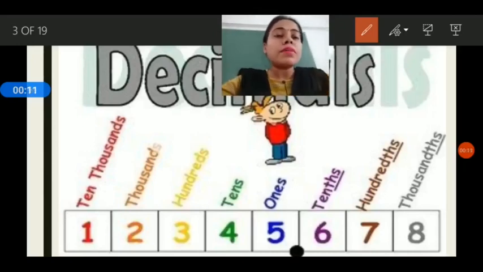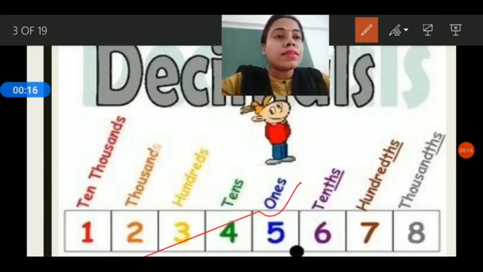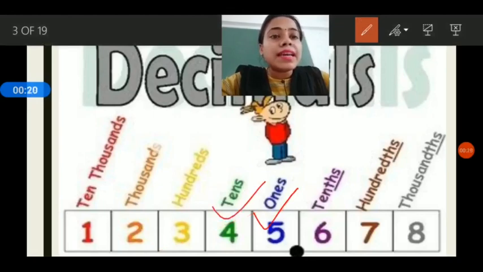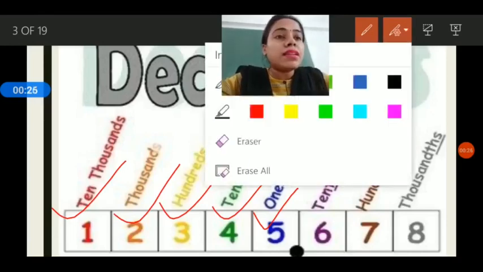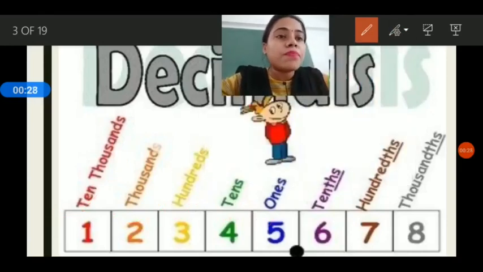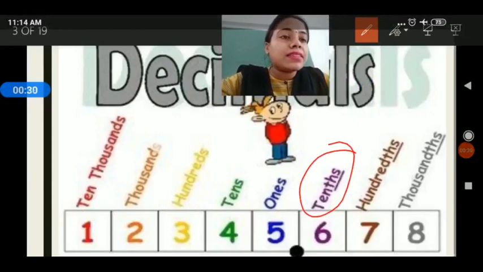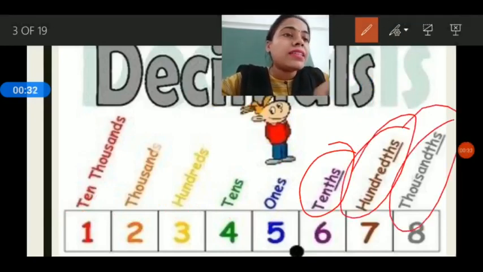In whole numbers we start from ones, tens, hundreds, thousands and ten thousands. And the decimal parts start from tenths, hundredths and thousandths.